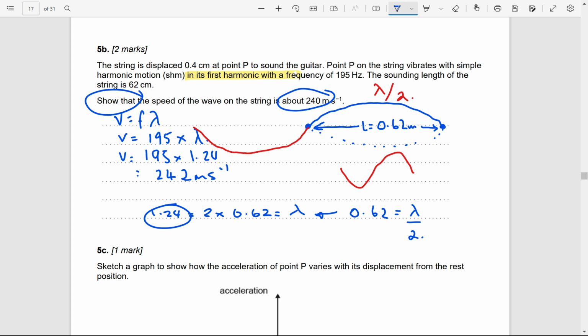So it needs to be at least 3 sig figs. Notice we didn't use this value, but that's okay. It's just setting off a little alarm bell that we're most likely going to need it later on in the question.